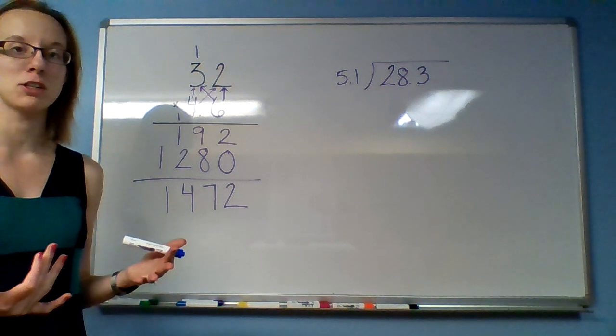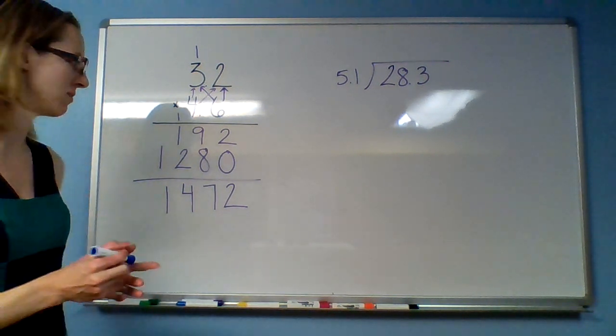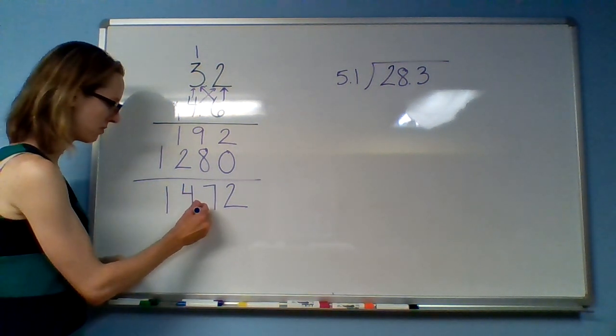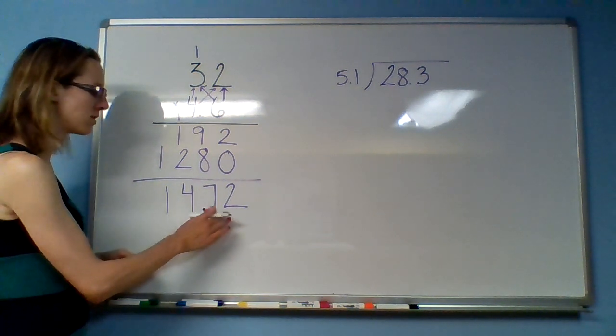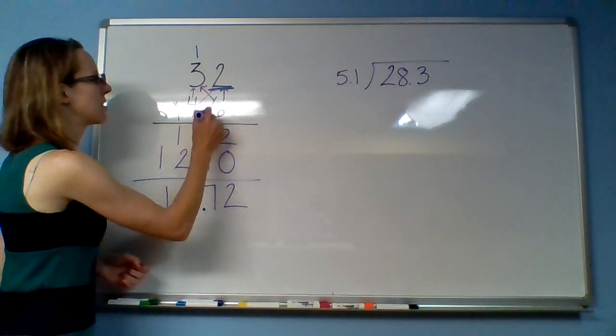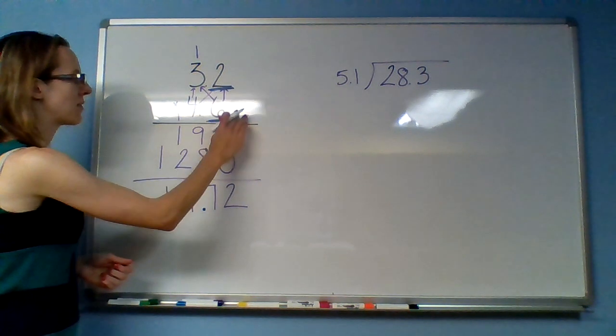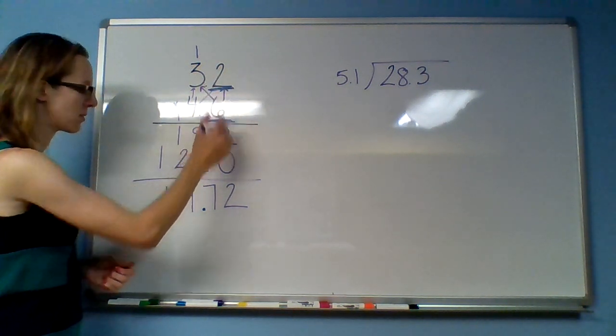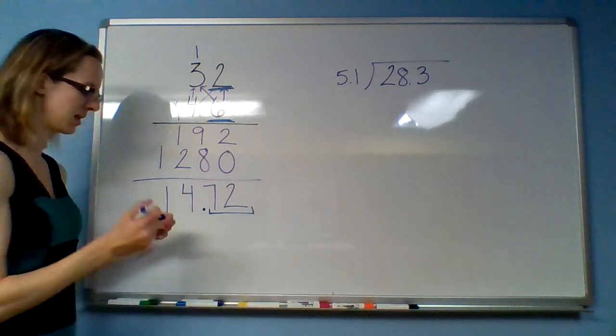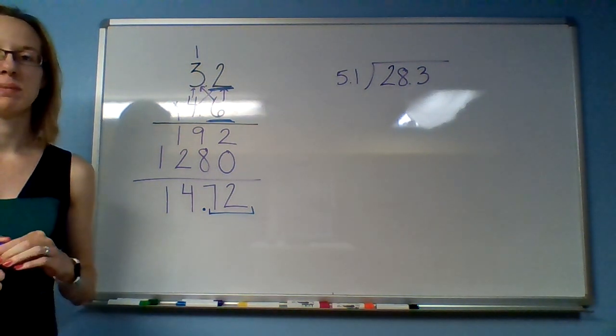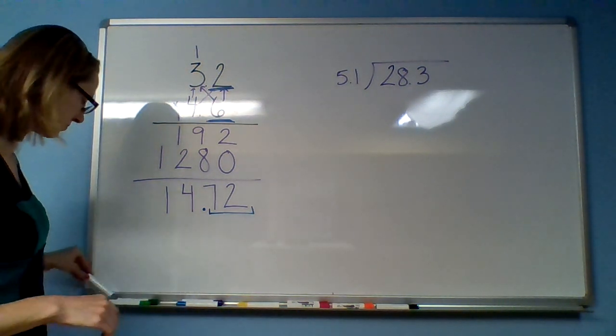And so I know my number should be a little bit bigger than 12. A number a little bit bigger than 12 would be 14. That also fits my rule of however many things total were after the decimal point. So 1, 2 things total. That's how many things have to be after the decimal point in my answer down below.